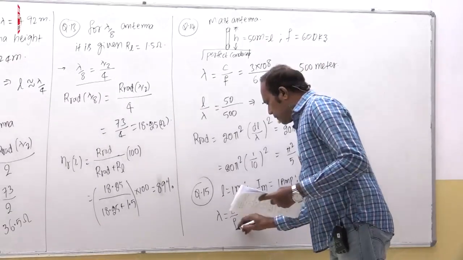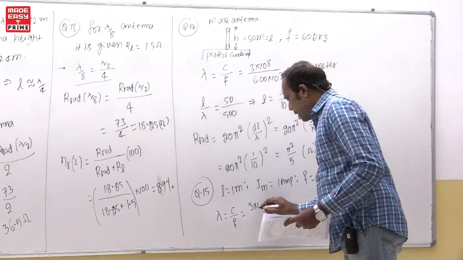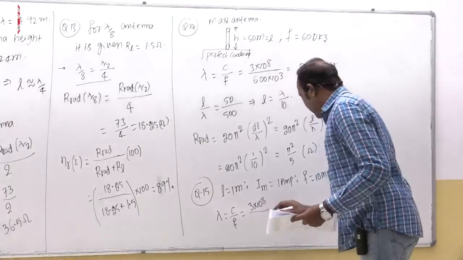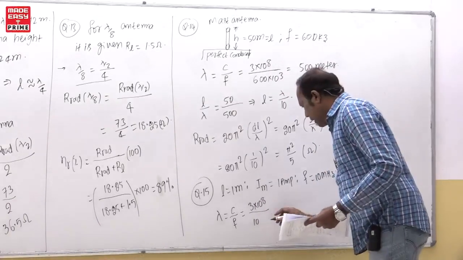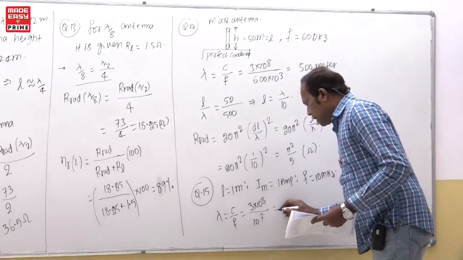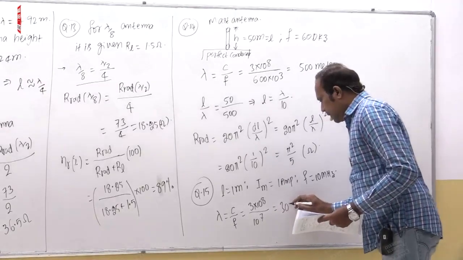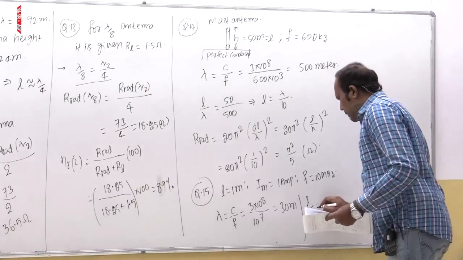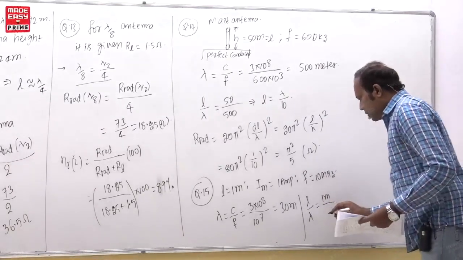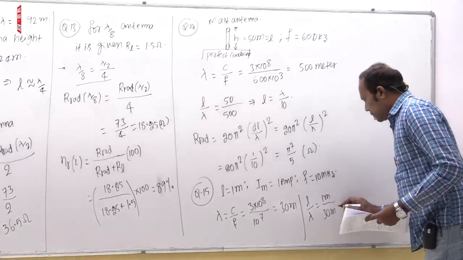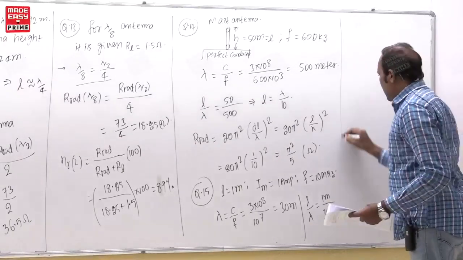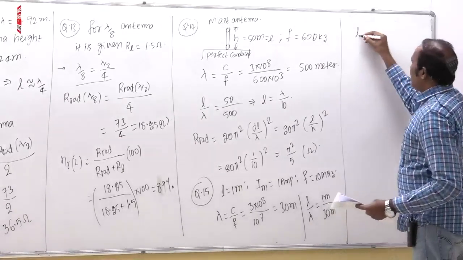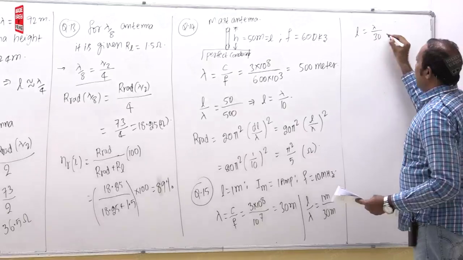So lambda is equal to C by F, that is 3 into 10 to the power 8 divided by F, which is given as 10 into 10 power 6, that means 10 power 7. So that is 30 meter. You take the ratio L by lambda, length is given 1 meter, so ultimately the length is lambda by 30.